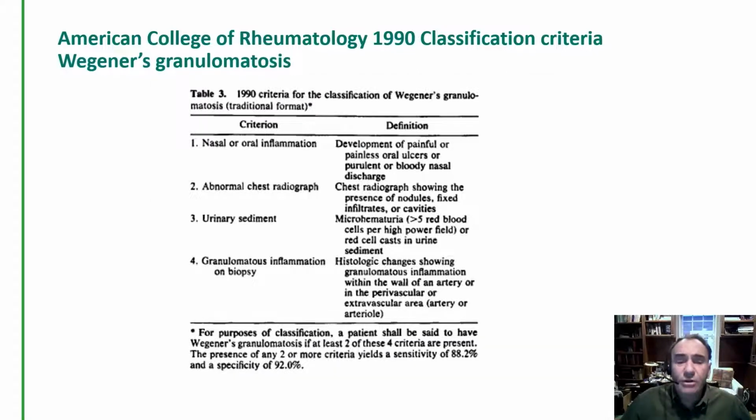For Wegener's granulomatosis, same 1990, you had these 4 items, and a patient was felt to be potentially classified as having Wegener's granulomatosis, still called that at that time, if they had 2 of these 4 criteria: nasal or oral inflammation, an abnormal chest radiograph showing nodules or fixed infiltrates or cavities, abnormal urinary sediment with microhematuria, or granulomatous inflammation on a biopsy.